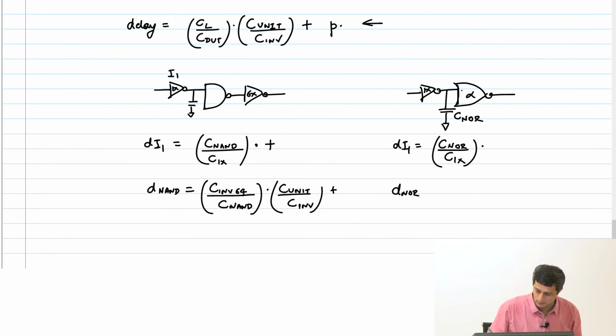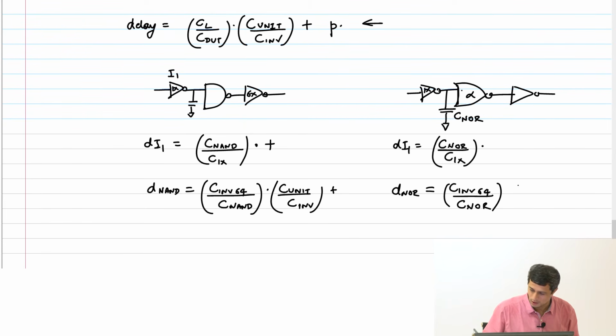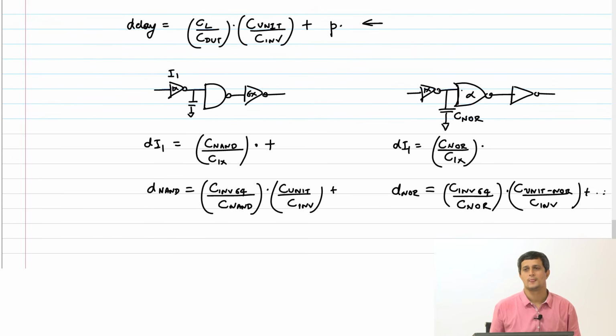D_NOR is again the 64x capacitance, 64 divided by C_NOR into C_unit by C_NOR, plus some parasitic delay. So what we ensured was C_NAND and C_NOR are the same.